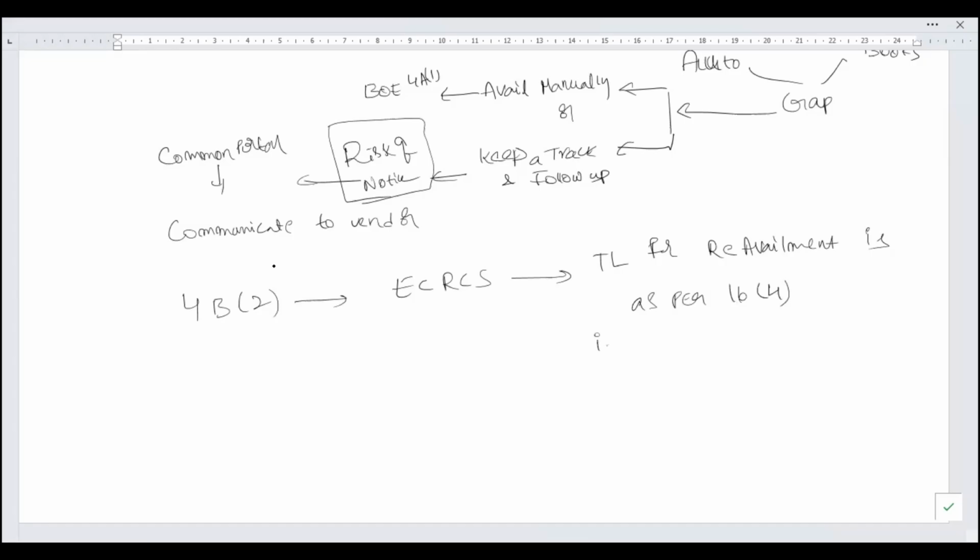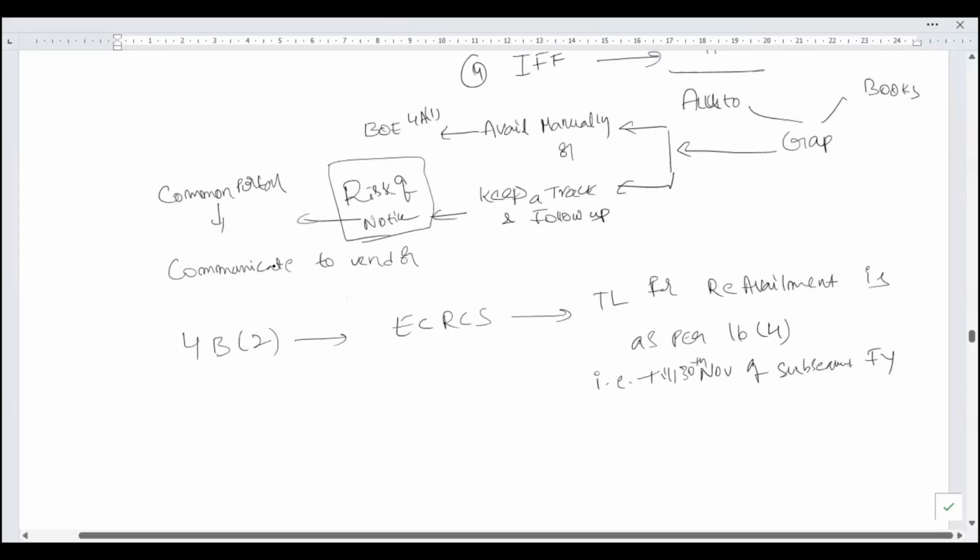That is till 30th November of the subsequent financial year, we have to claim this credit. So whatever I park in ECRCS, avail till 30th November. That means the October return filed in the month of November. If I don't empty that ECRCS balance, the credit is gone.